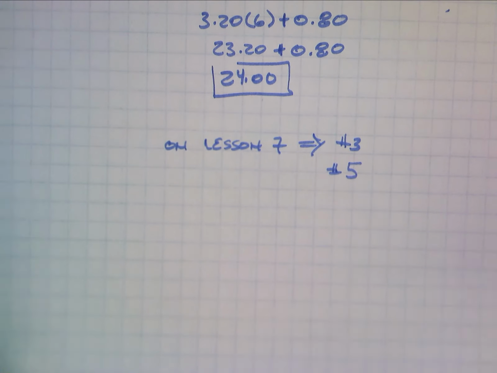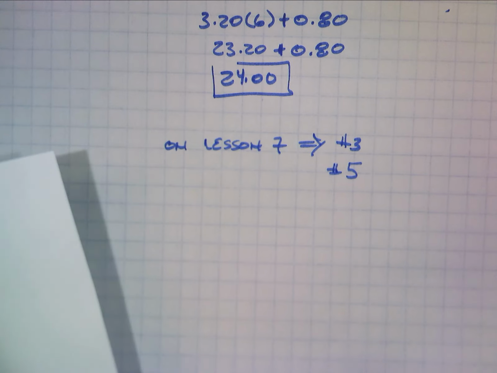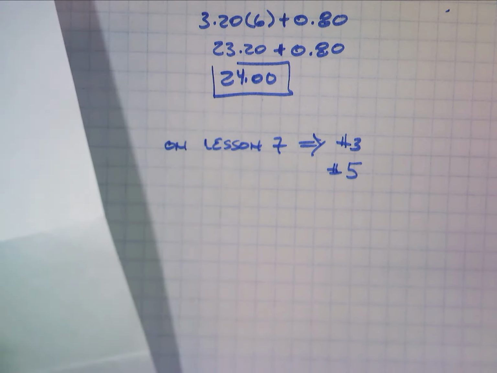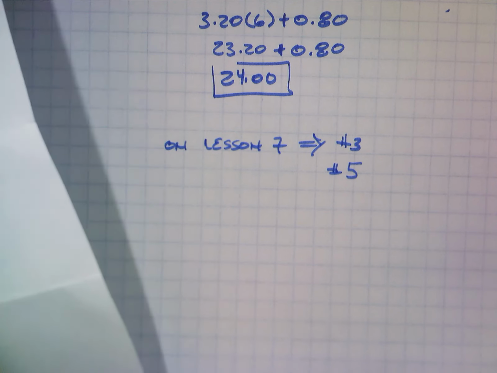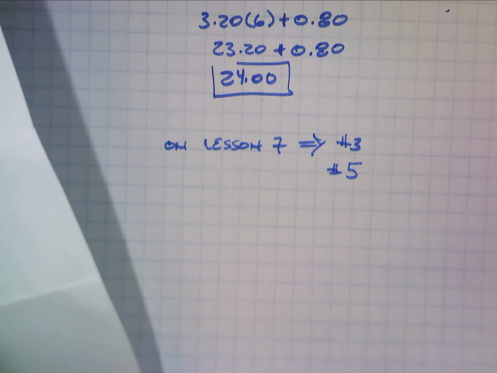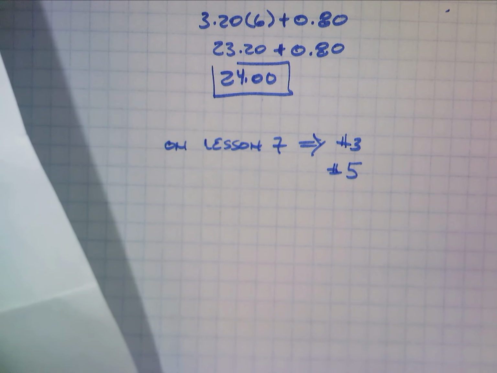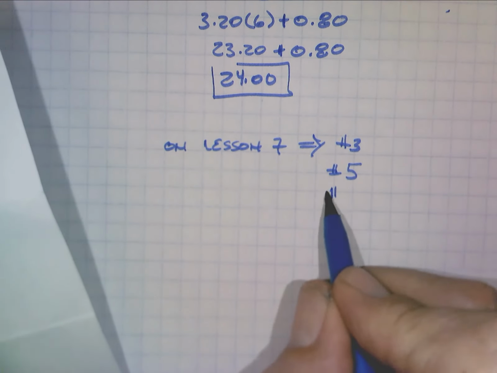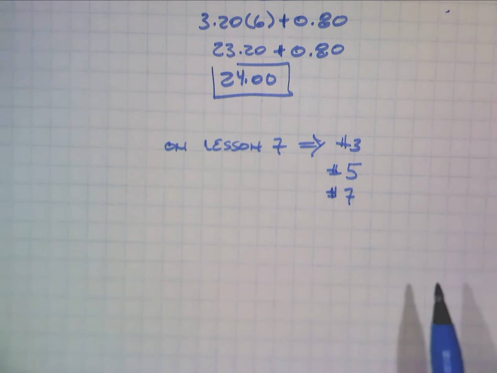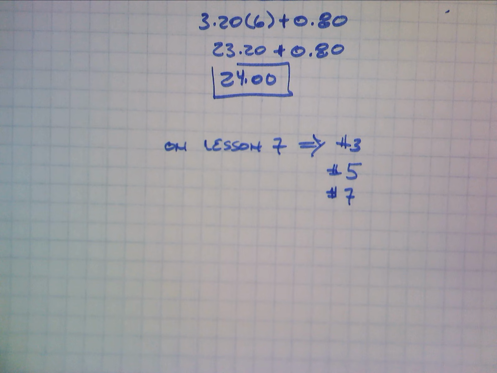That's a percentage problem. You may have to refer back to the video I sent yesterday. And let's try number 7 and see where you go. All right, so 3, 5, and 7, and then we'll go from there. Email me if this left you wondering what you're supposed to do or if you have any questions about the problems. Thanks.